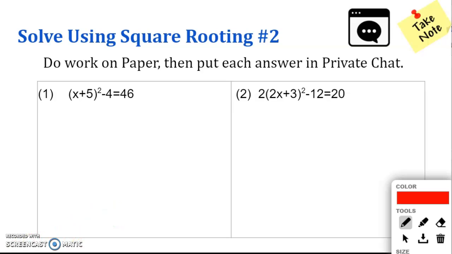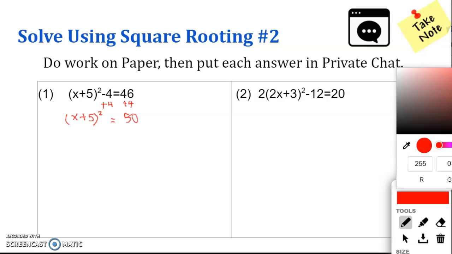So here we go. We want the square term on the one hand side with a constant on the other side. So in this case, I need to bring the negative 4 to the other side by adding 4 to both sides. So that becomes (x plus 5) all squared is going to be equal to 46 plus 4, which is 50.